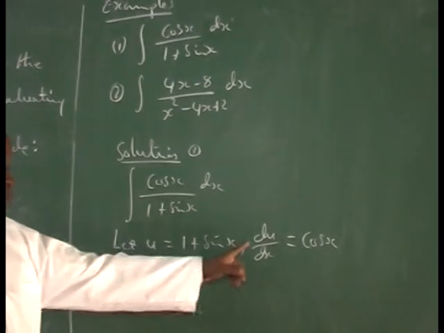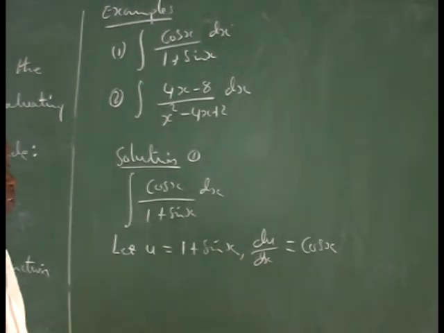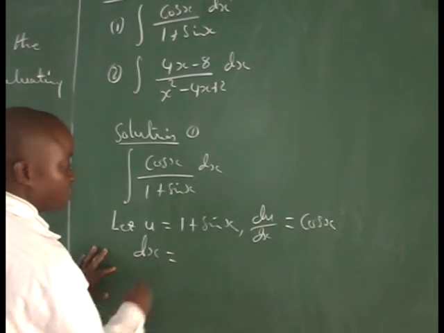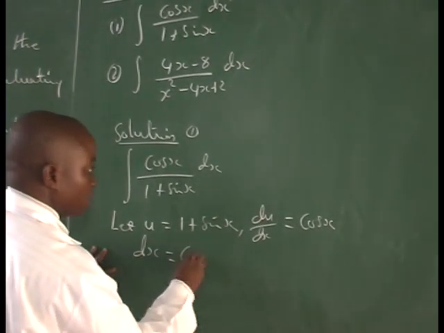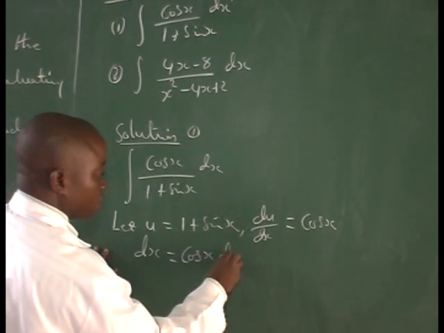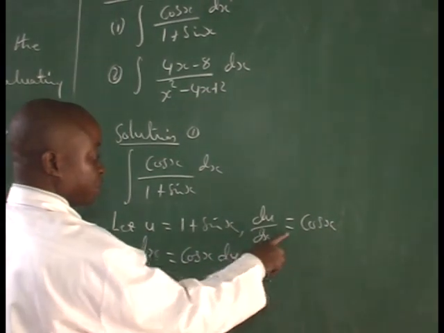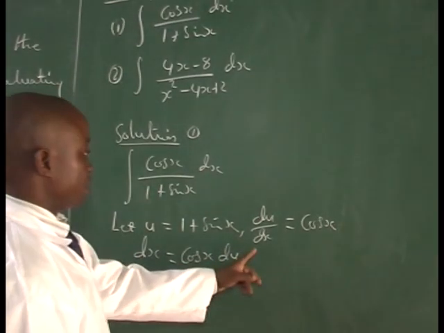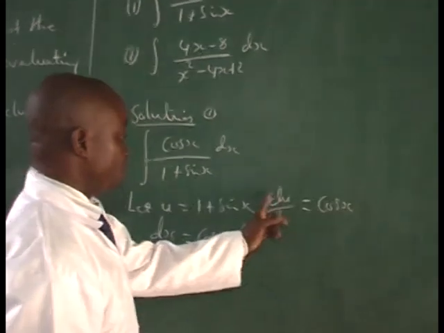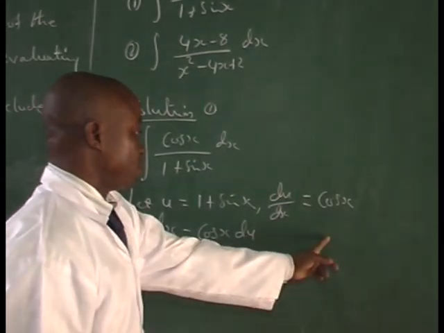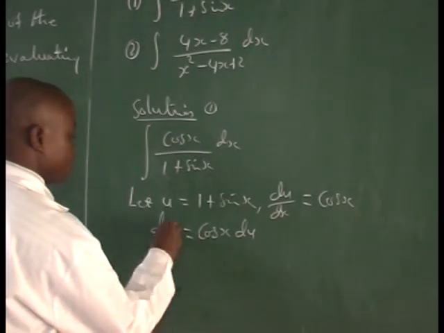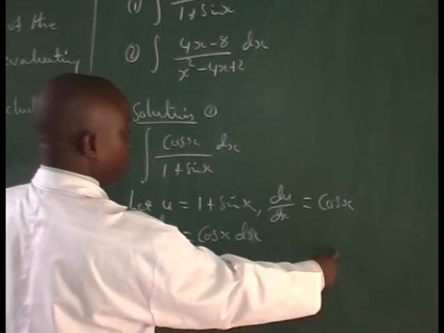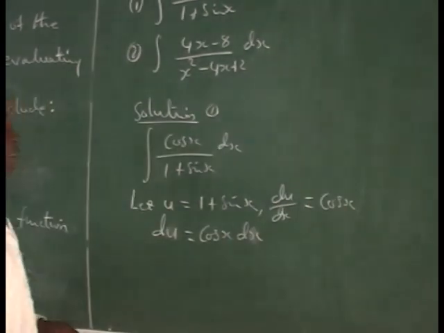Of course, if we differentiate sin x, we know that we have cos x. So du will be cos x dx.